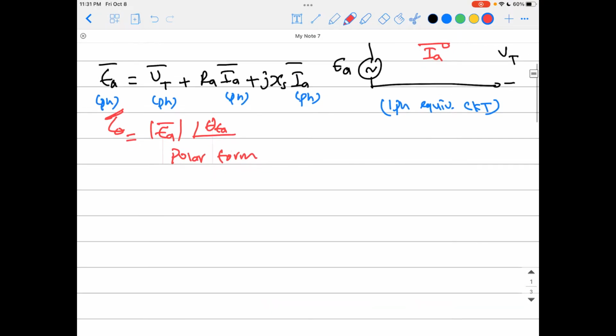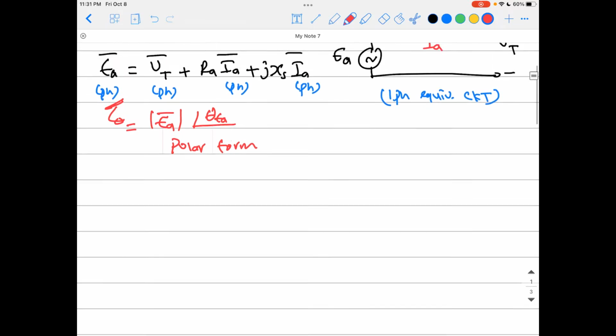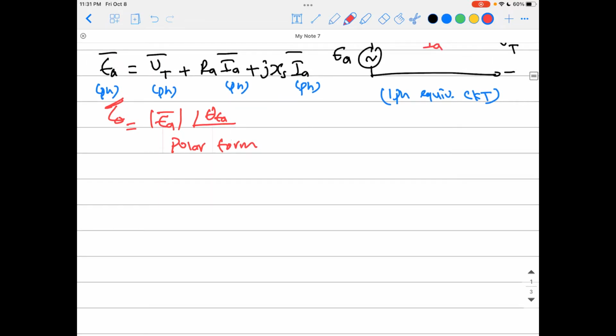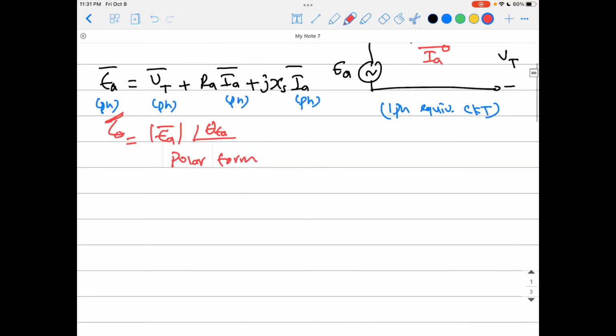We also ended last time talking about phasor diagrams, which are good for picturing any kind of AC quantities in your mind. We said it will be different depending on the power factor: lagging power factor, unity power factor, or leading power factor.